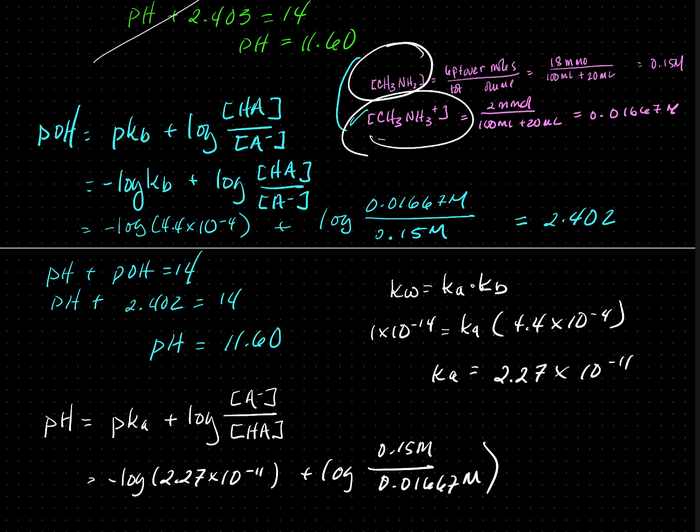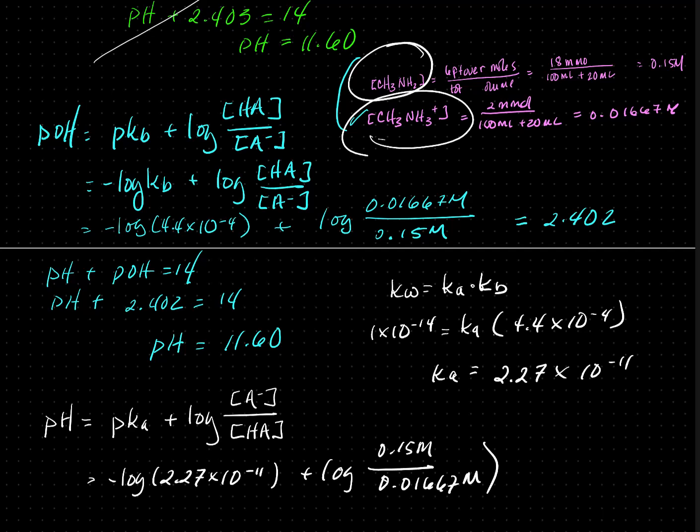And one other thing to note, if you are using the Henderson-Hasselbalch formula, you do not have to find a new concentration. You could use the moles that are left over. Why? Since it's a ratio of molarity over a molarity, the volume of both species is the same, so it cancels out.